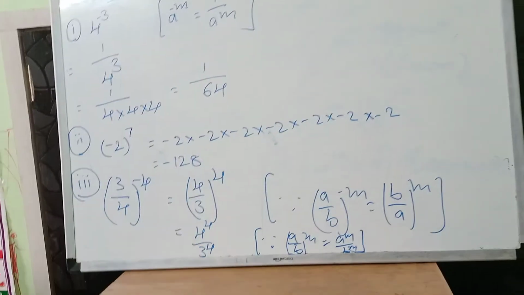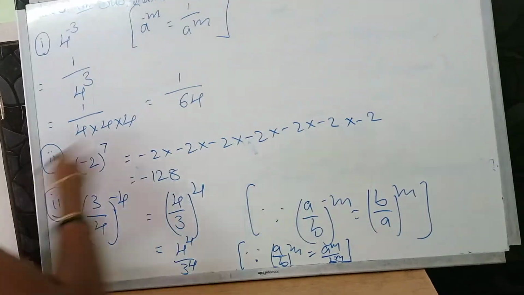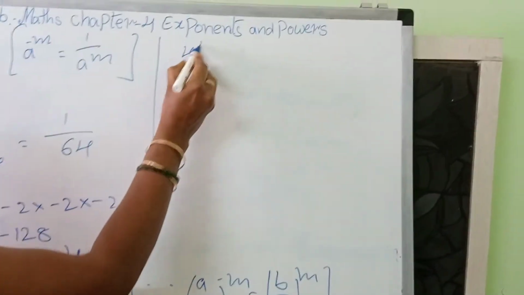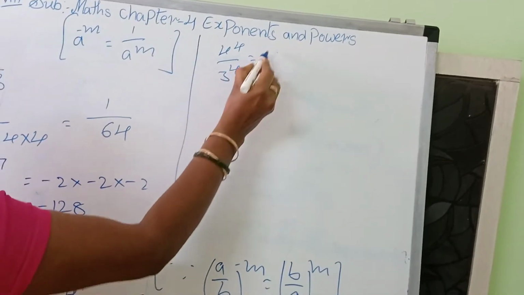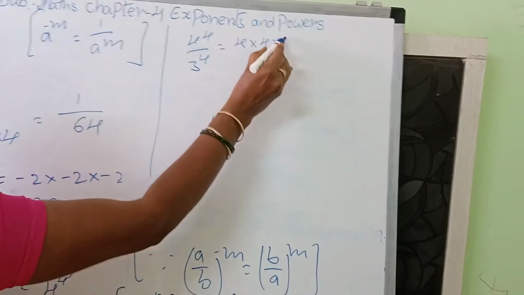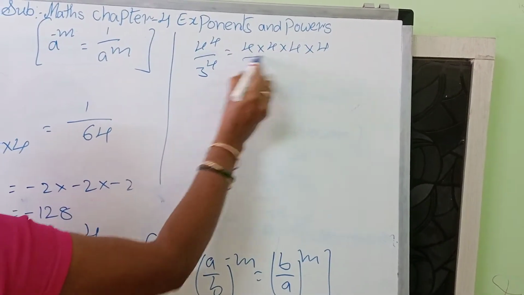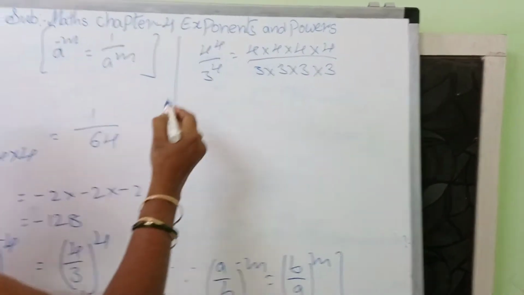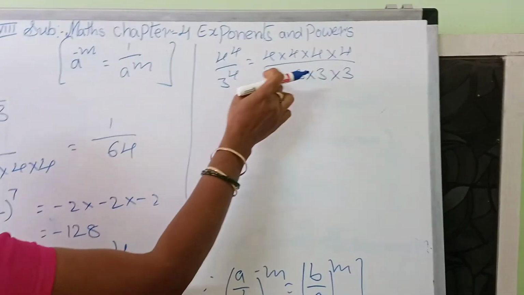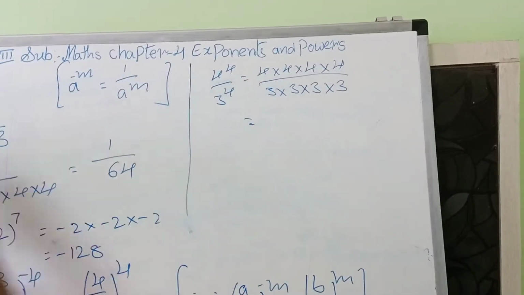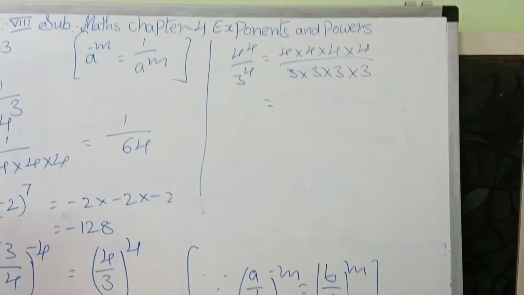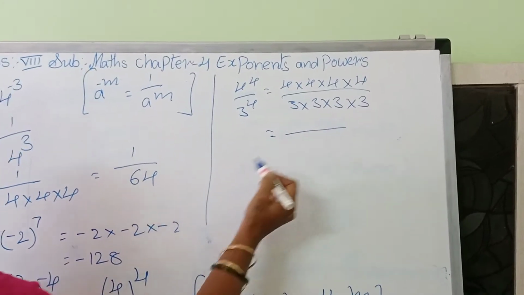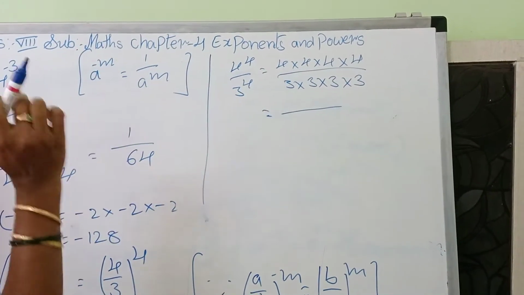Now we can split this as 4 to the power of 4 by 3 to the power of 4: 4 into 4 into 4 into 4, 4 times, and 3 into 3 into 3 into 3. Next, product it and write the result here, children. This one take as homework, children.